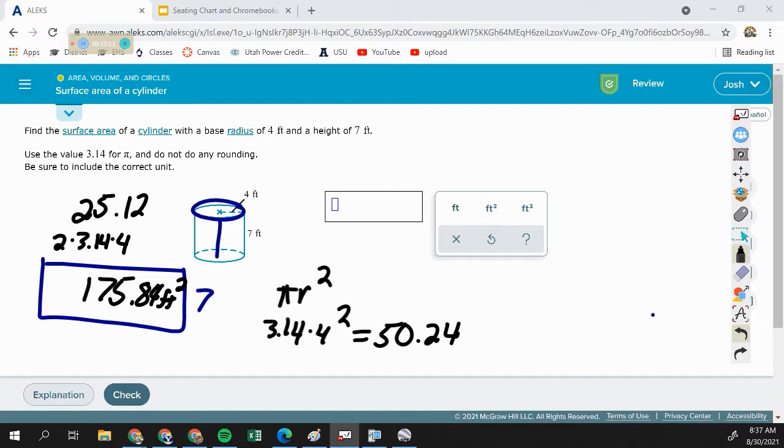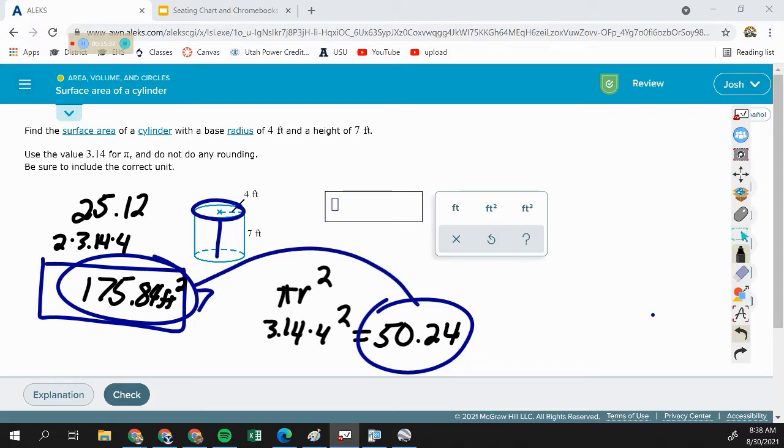So what's the surface area of the entire can? It's going to be this and this and so will this plus that be enough? No. I have to do another one of those to cover the bottom.